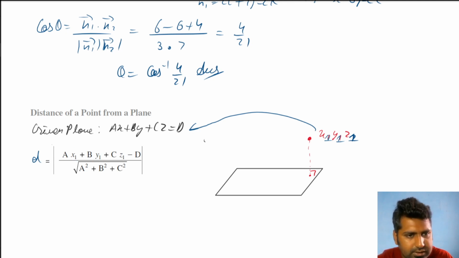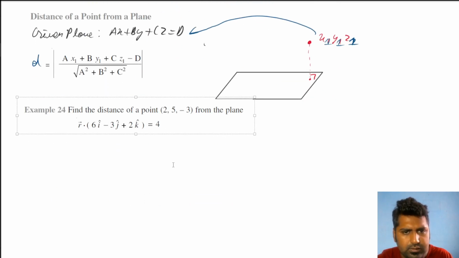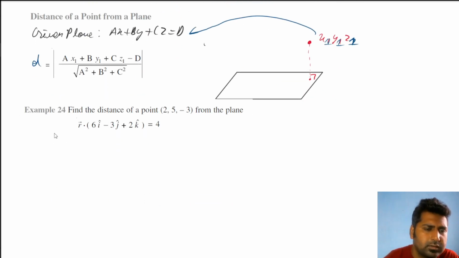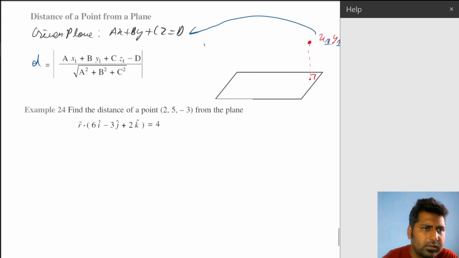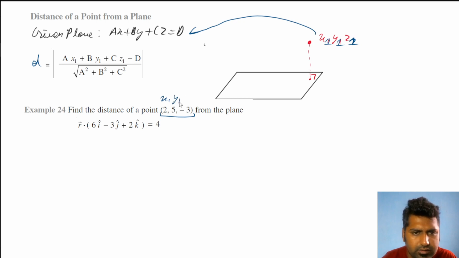So let's calculate a distance. A point is given, x1, y1, z1, and the equation is given in vector form.